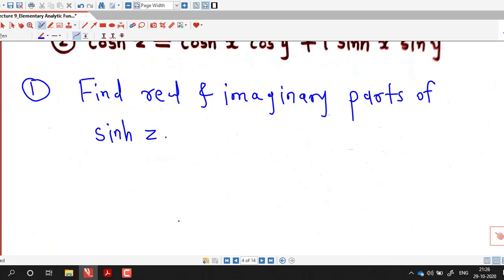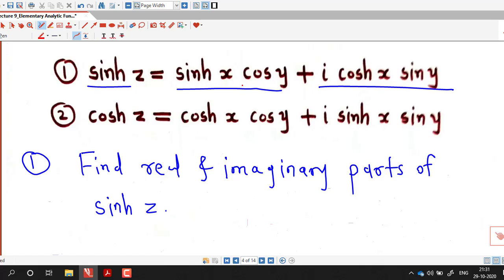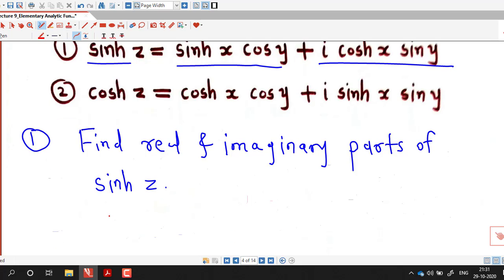To prove this property we use the relationship between trigonometric and hyperbolic functions. As we have seen, sin iz can be written as i times sin hyperbolic z.